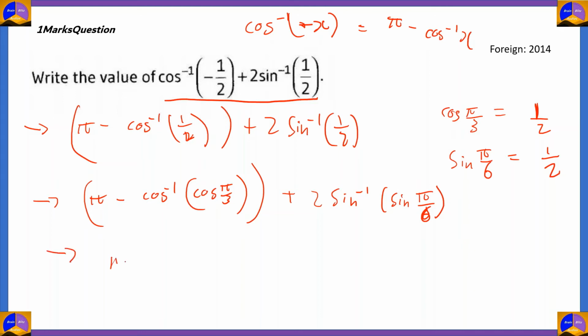So what we're going to get is pi minus pi by 3 plus 2 times pi by 6. And we can write pi minus pi by 3 as 2 pi by 3 plus 2 pi by 6.